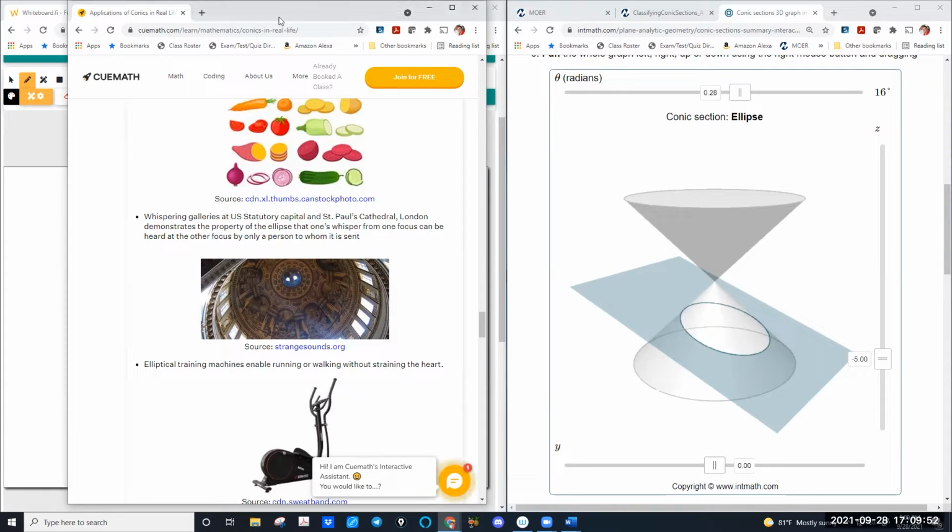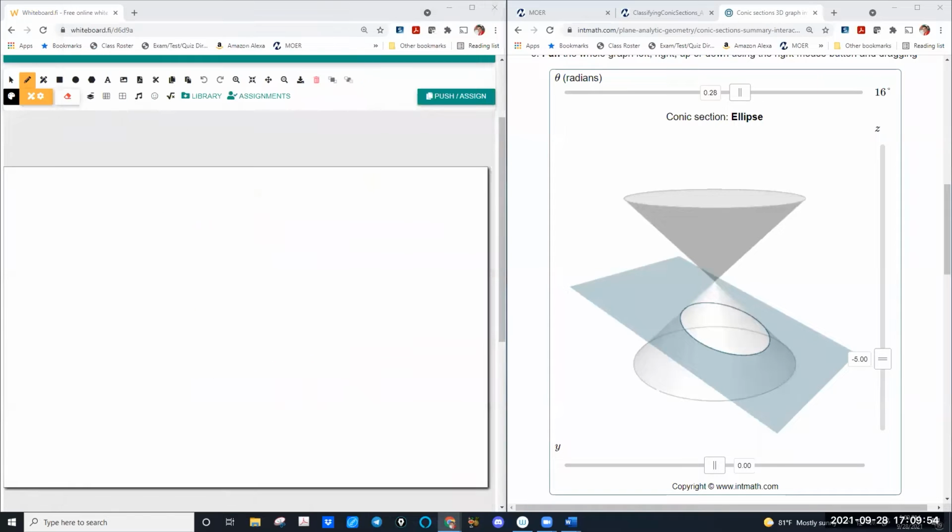Ellipses are also used for stage lights in theaters because it helps the light reverberate off of all of these. Say there's mirrors on the ellipse, and it maximizes the beam.